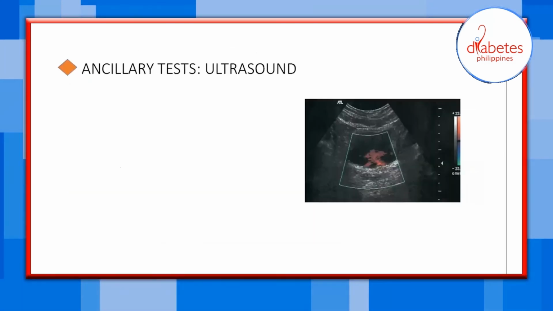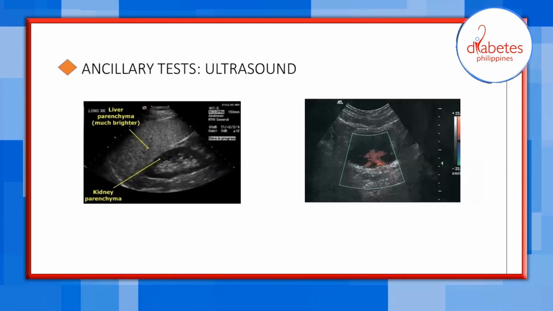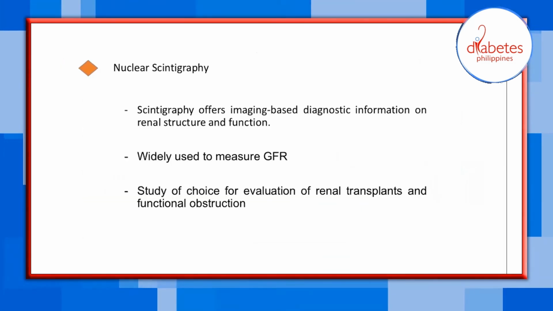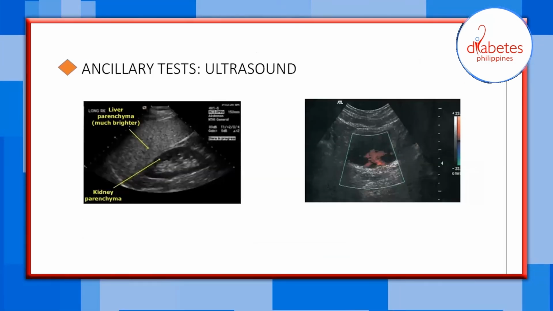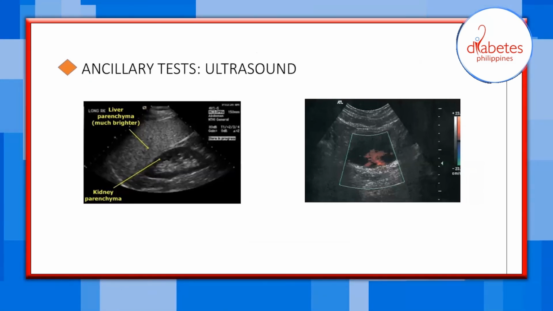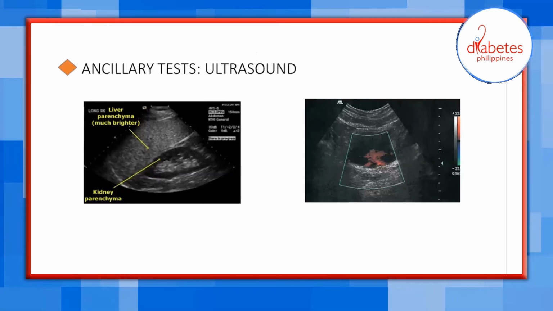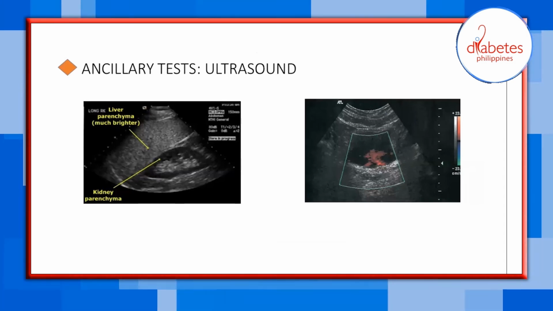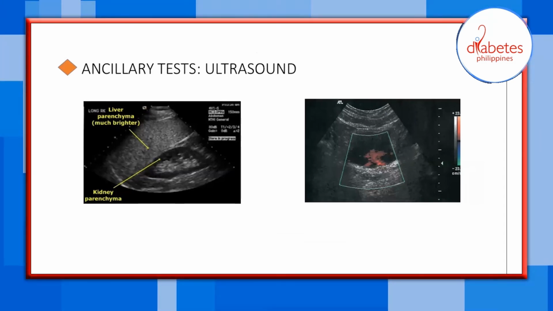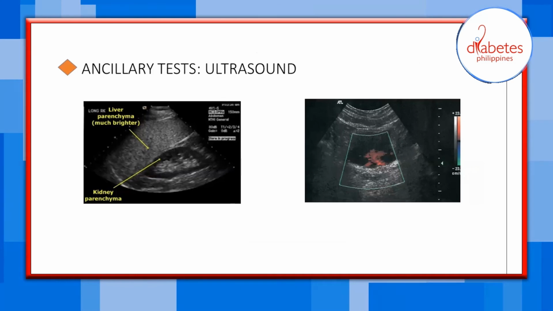For the ancillary, we have your ultrasound. For the ultrasound, it's the most frequently used diagnostic examination for the evaluation of the kidneys and the urinary tract. It is non-invasive and requires minimal patient preparation.